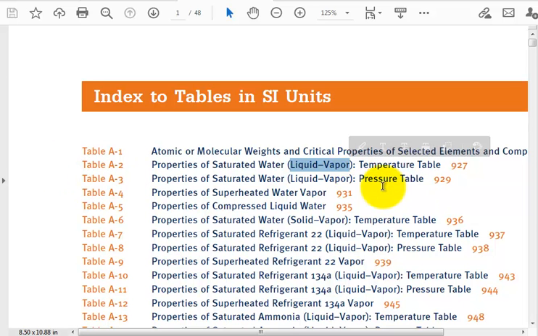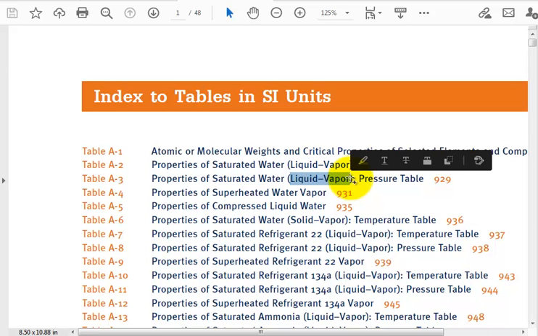Table A3 is if you know the pressure and you're looking for information about the two-phase liquid-vapor mixture of water. So we're going to be jumping back and forth between tables A2 and A3.